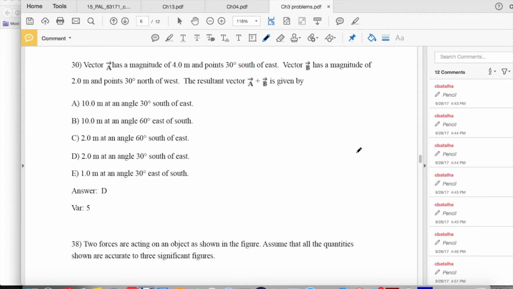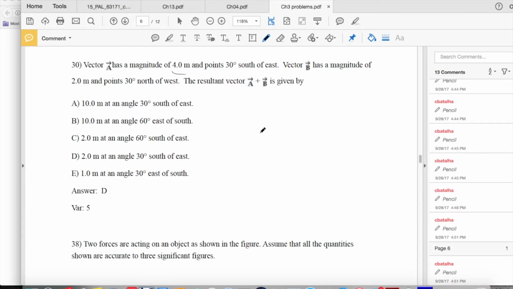How about this? A vector A has a magnitude of 4 meters and points... Okay, let's get our Cartesian coordinate system. That's the north, that's the south, east, and west. Vector A, magnitude 4, 30 degrees south of east. This is east.